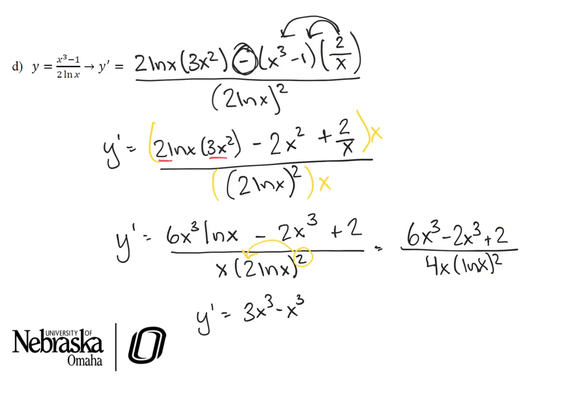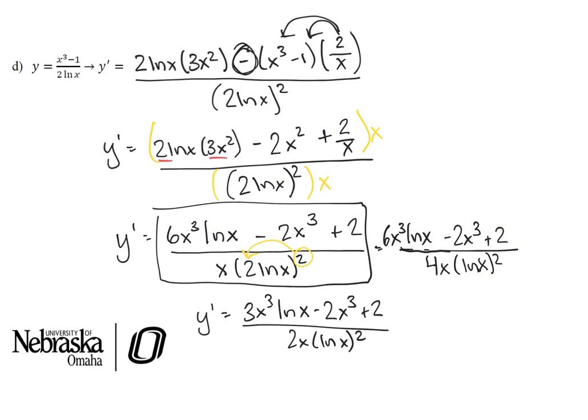Oh, I totally missed my, as you see my error, you probably saw it. In this first term, I totally left out my natural log of x for some reason. So go back and fix that. 3x cubed natural log of x minus 2x cubed plus 2, divided by 2x times (natural log of x) squared. Again, you could probably leave the answer here and MyMathLab would accept it, but this is more simplified.